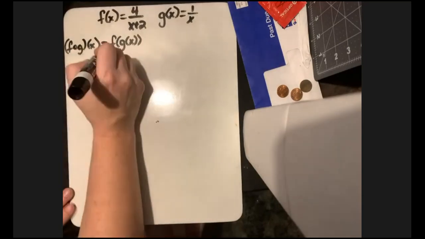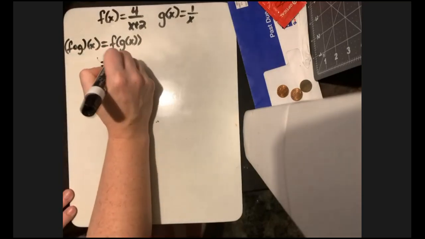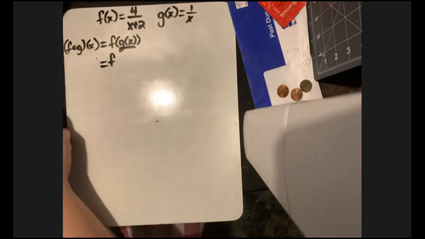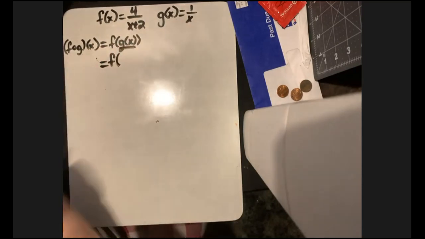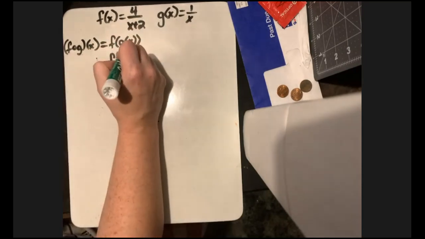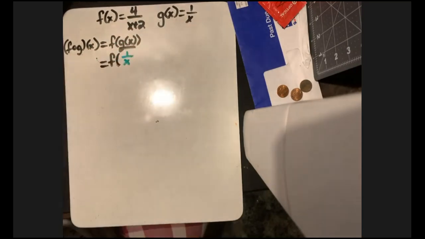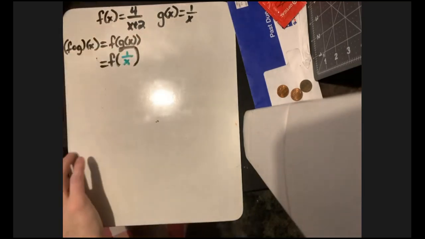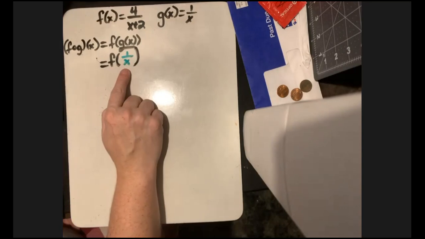I try. Okay, so I'm going to start the same way that we had before. Here's g of x. So I'm going to plug in my g of x notation. Plug this in. Now, right now, I have a problem because I have a fraction.